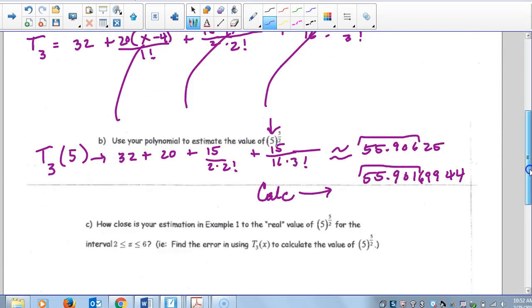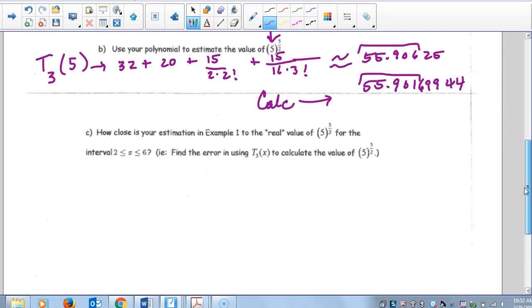All right, now it wants the error. I want to know the error in this interval. Sometimes they'll give you the interval, sometimes they won't give you the interval. In this case, I need to know how far away my value is from the center. So what I need to do is maximize the next derivative.